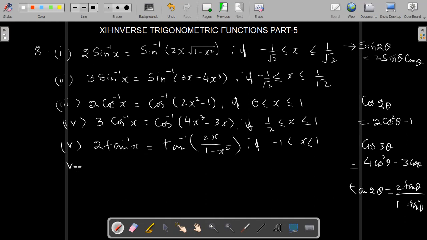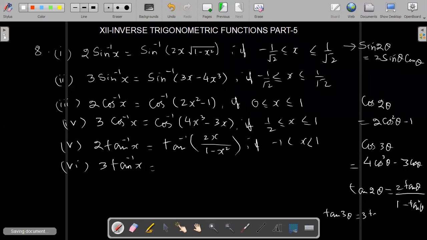And if 3 is there, then the tan 3 theta formula will be used to derive it. Tan 3 theta, if you remember, is equal to 3 tan theta minus tan cube theta, whole divided by 1 minus 3 tan square theta.